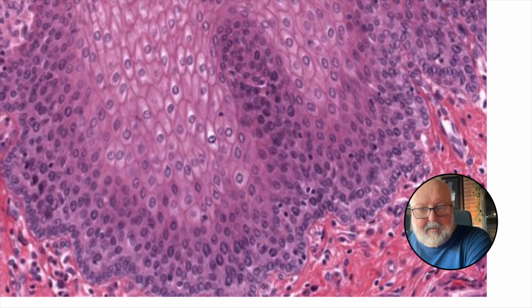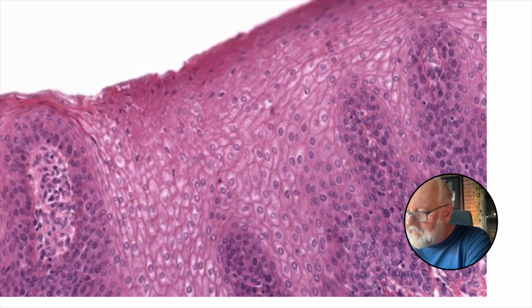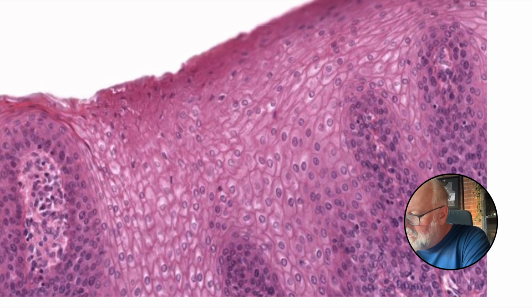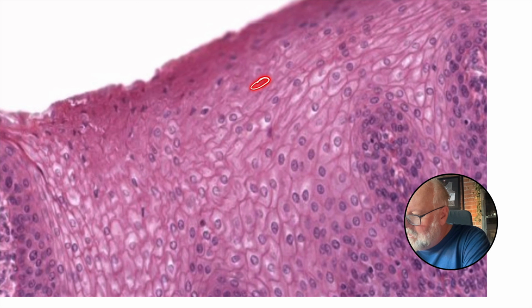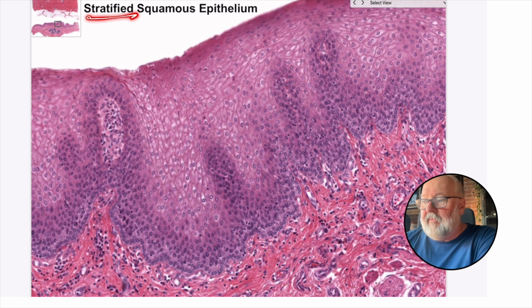By the way, also look, if you start to look at the cells, they do change shape as we head up. And when we get up here, you can see the cells are really starting to flatten out, especially the ones at the very end. They're really flattened cells. So we already know this is more than one cell layer thick, so we're going to call it stratified.